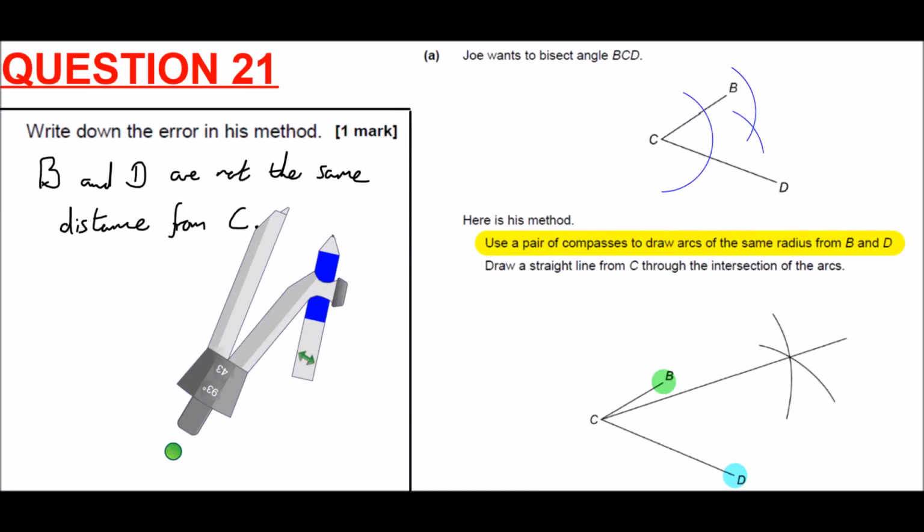Once that's done, the next thing to do is to do a straight line out from C through that point, and that's a much better way of bisecting an angle. That is the main way of how to bisect an angle. That's actually split C into two equal parts, whereas here, in his example, this isn't split into two equal parts. This angle here is much smaller than this angle here.